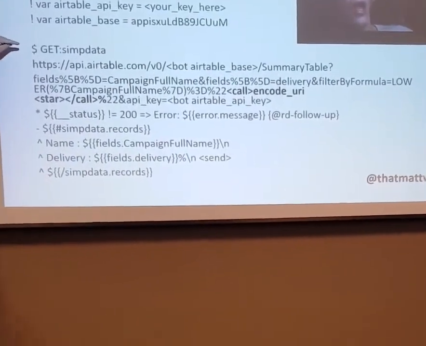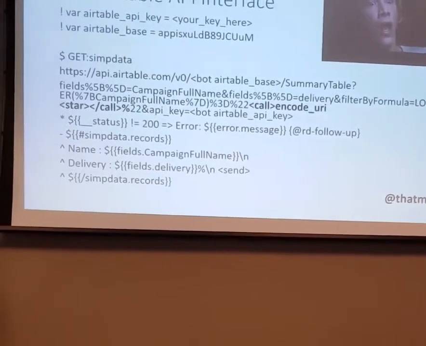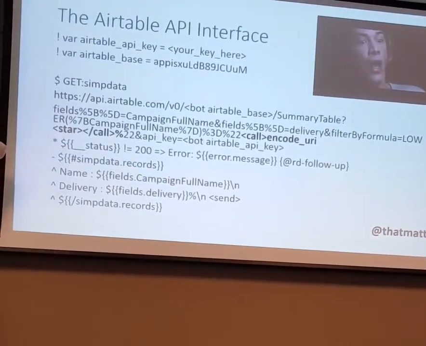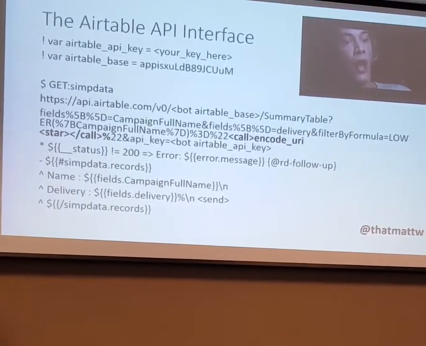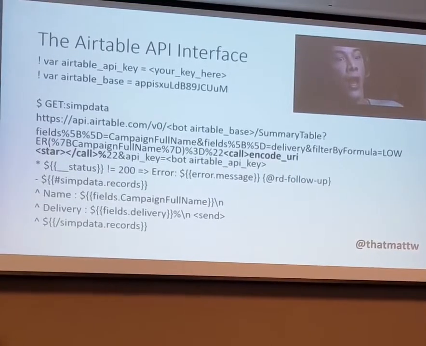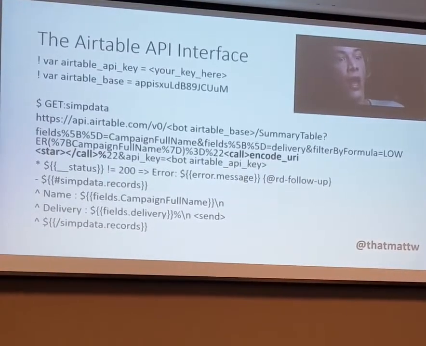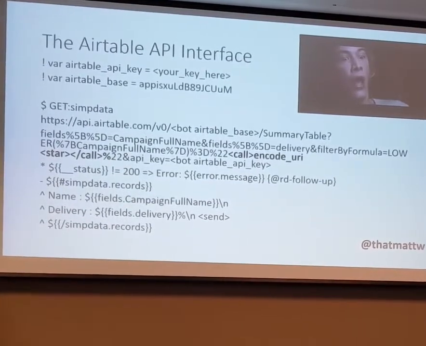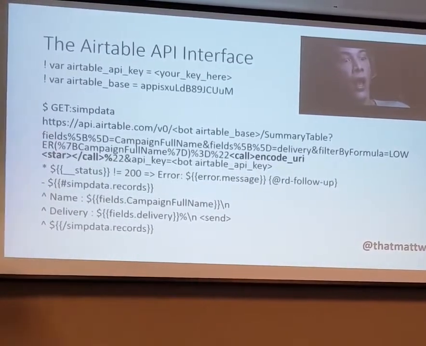this is our get. It's telling us that an HTTP request is coming. And this gives us a variable name for the data object, which again was something that I didn't realize I could do until like 2 a.m. this morning. So then we have our request. It's just an API call to summary table.